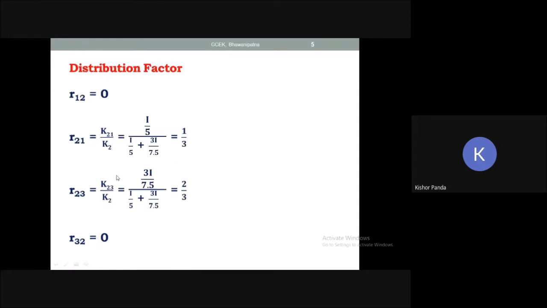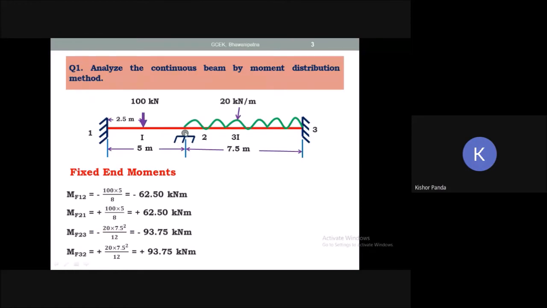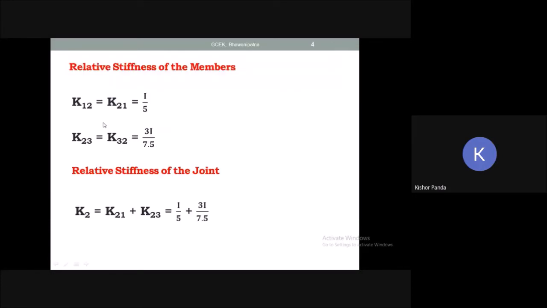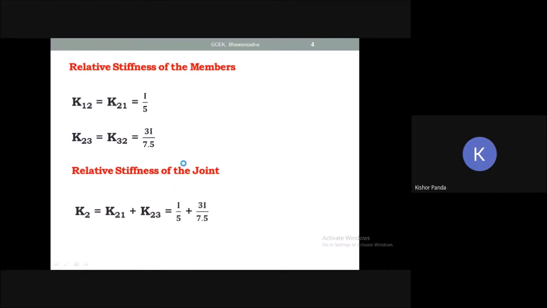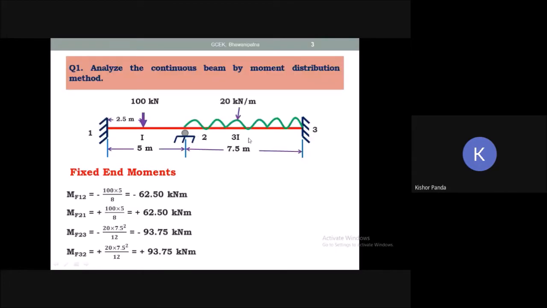Then find out the distribution factor for R21 and R23. R21 is equal to K21 divided by K2. You know K21 is I by 5 and K2 is I by 5 plus 3I by 7.5, which gives 1 by 3. Similarly, find out the distribution factor R23, which is equal to K23 divided by K2.